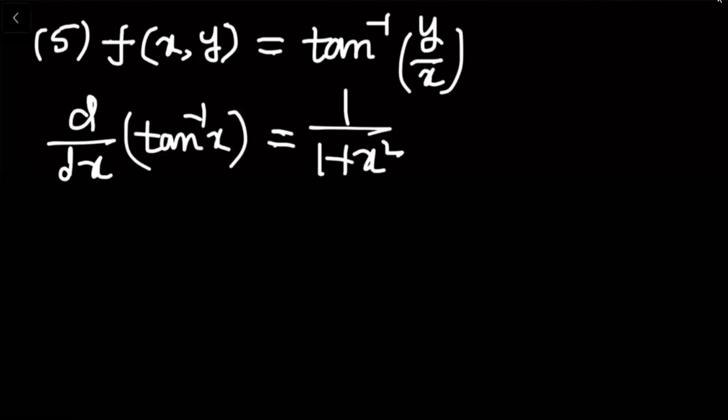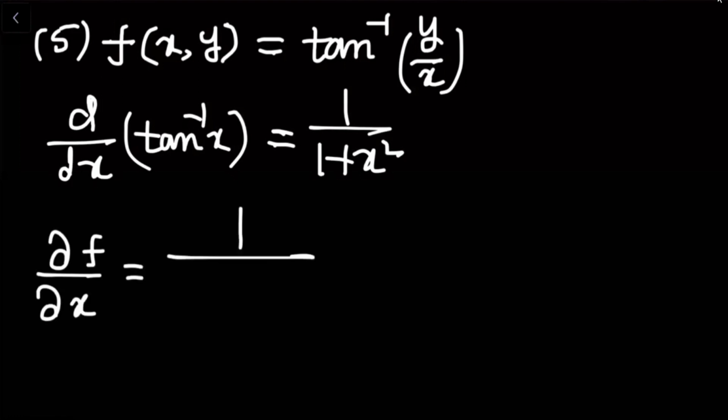Remember, the derivative with respect to x will be 1 upon 1 + (y/x)² times the derivative of y/x. Since y is constant, y times the derivative of 1/x is −1/x².